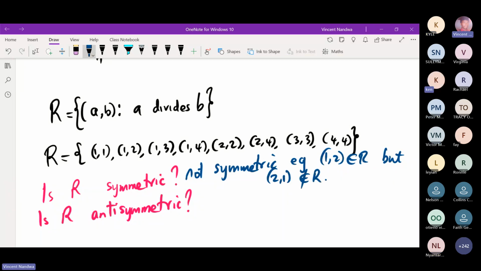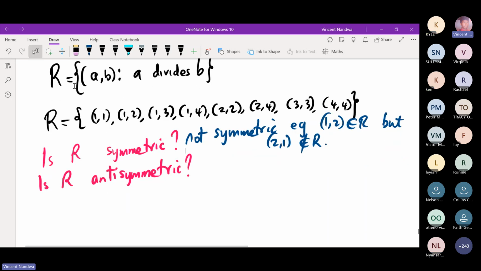So the divides relation is not symmetric. Now, is it antisymmetric? Yes, it is antisymmetric, because there is no x comma y and y comma x for different numbers x and y. So therefore R is antisymmetric.